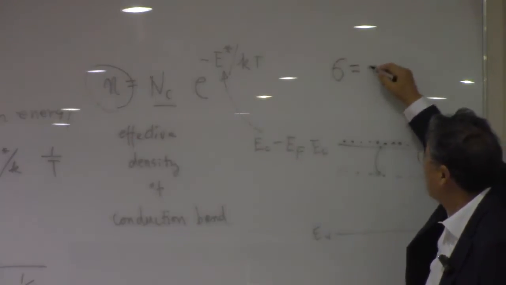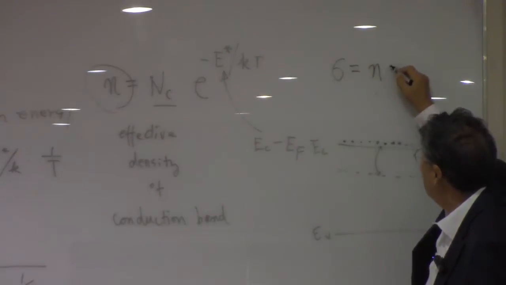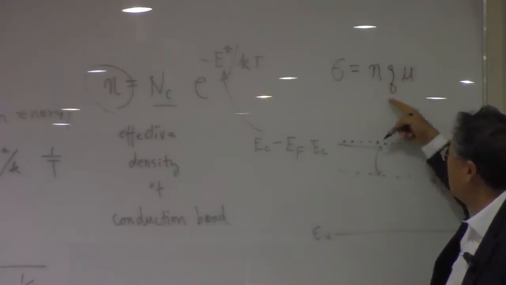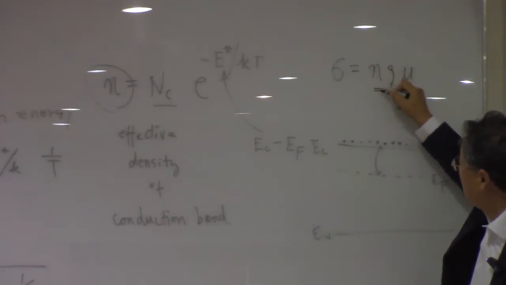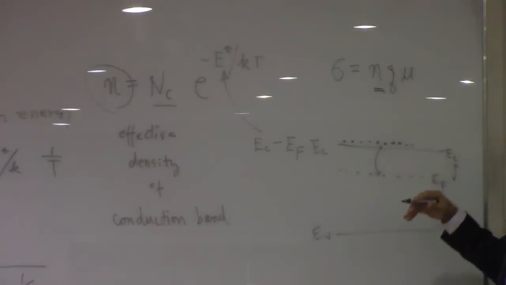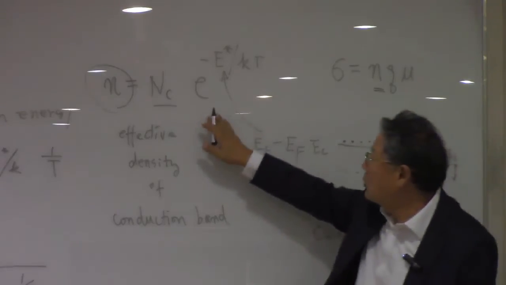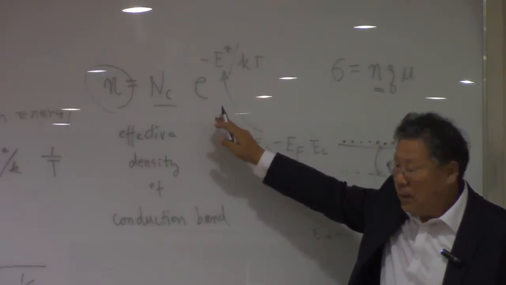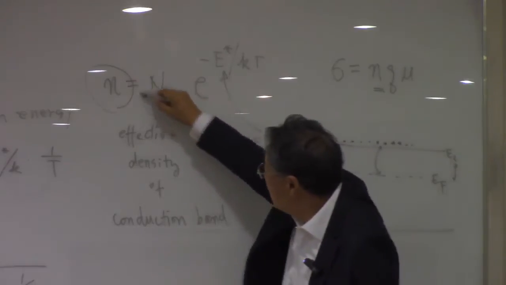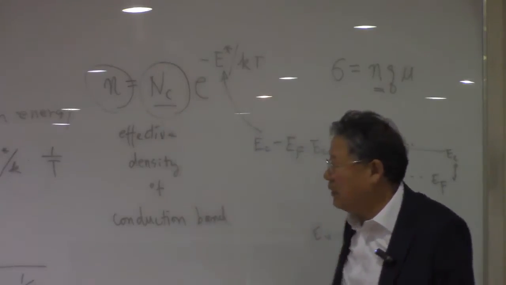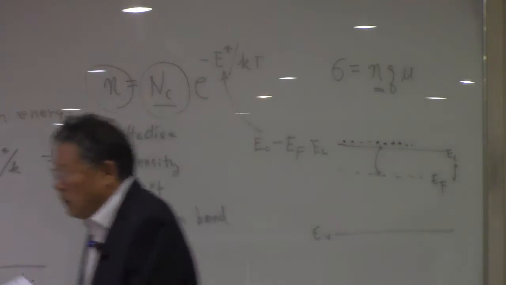The conductivity is going to be n q mu, where mu is the mobility of the materials. This n is the electrons sitting at the conduction band, and those electrons can be represented by the Boltzmann statistics. At this time we can say this is the effective density of states of the conduction band.